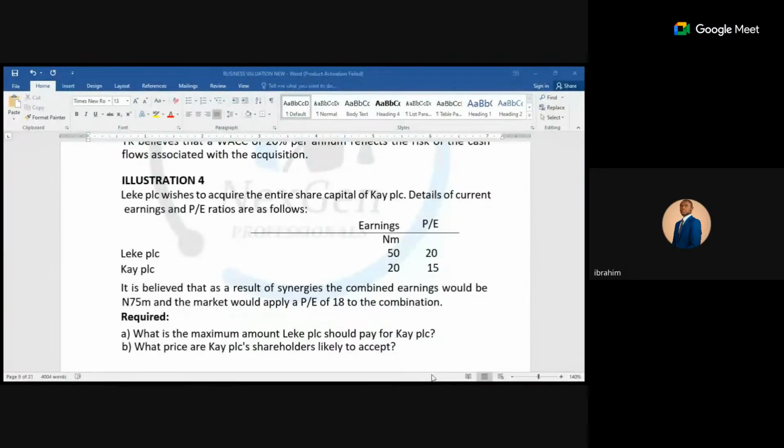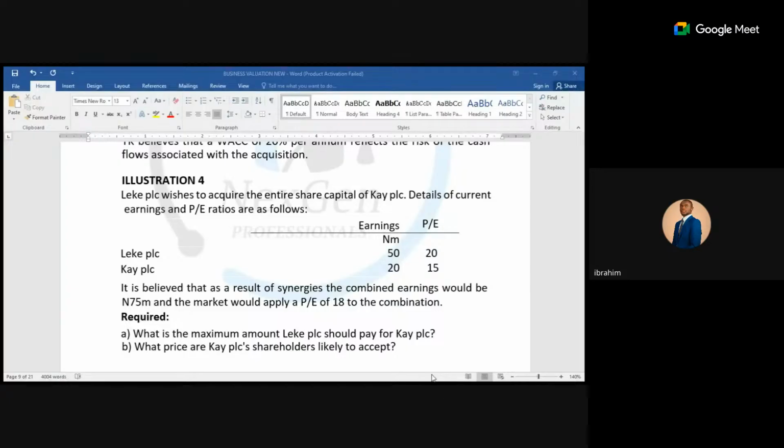But if Lekki's earnings before is 50, KPLC is 20, if you add them together, do you have 75? No, you don't have 75. And that is one of the reasons why you have what we call revenue synergy, a combined earnings. If you had their earnings together combined, we have 75.